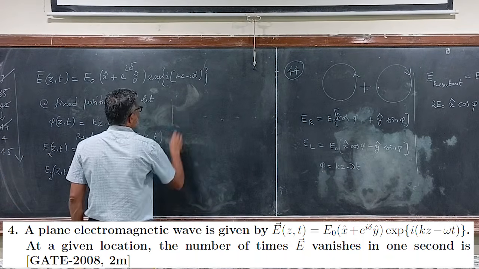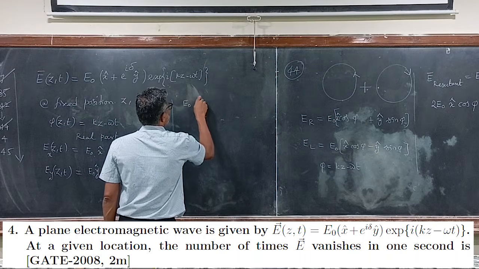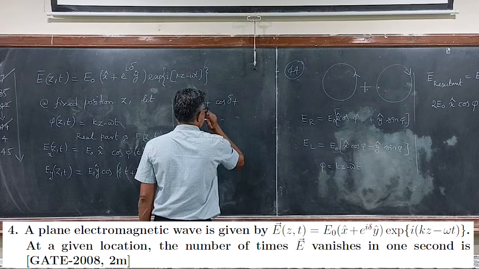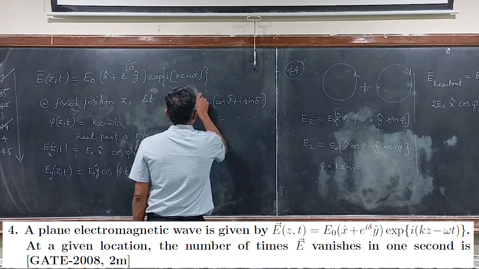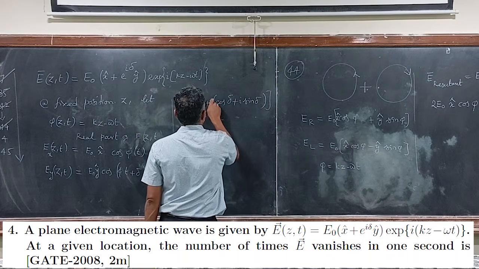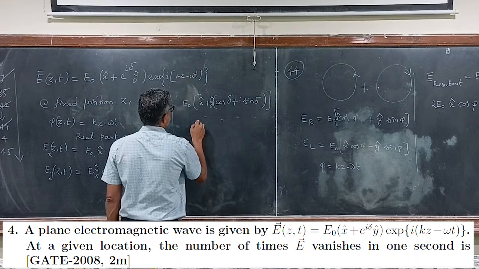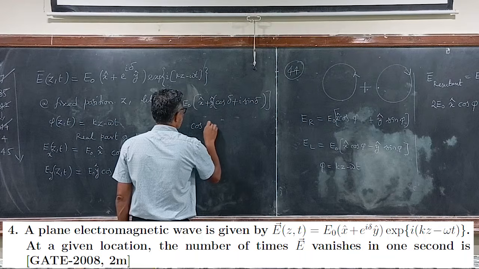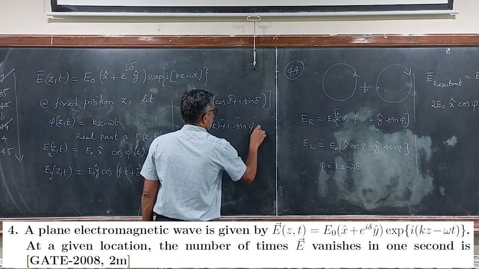It is because you can expand this as E0 x cap plus, let's say, cos delta plus i times sin delta, let's say this is along the y cap. Then if you expand, you have cos phi of t plus i times sin phi of t.